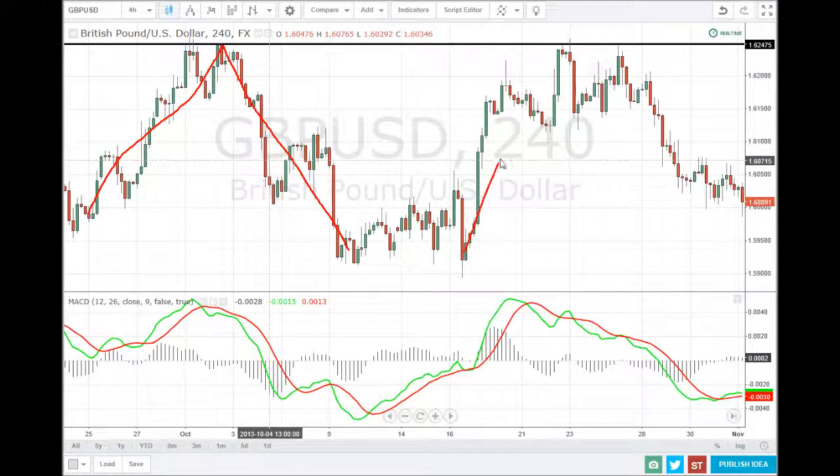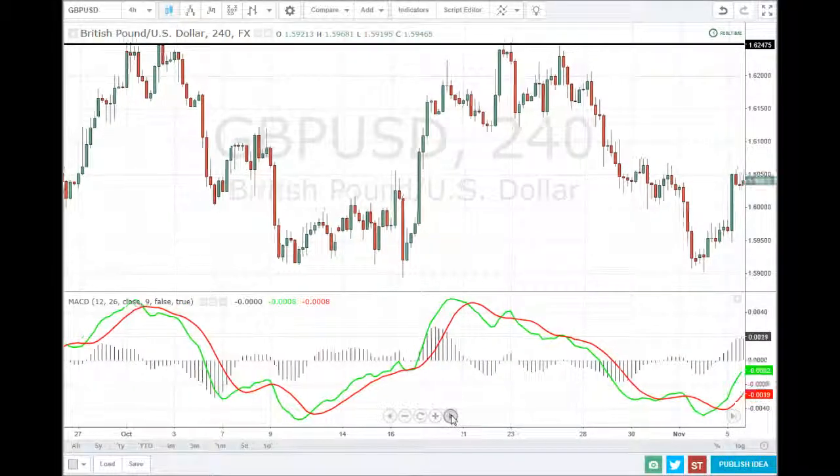When price does come on the upside again, we would be looking for some sort of signal to go short. We have a pin bar here that rejects the resistance, and our MACD agrees. It's showing possible downside movement, and price goes on the downside.